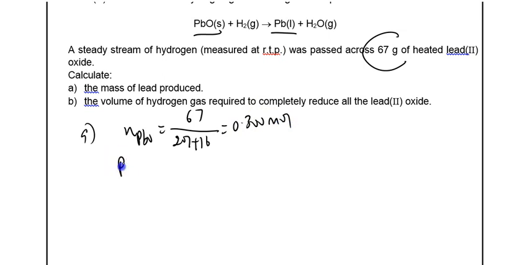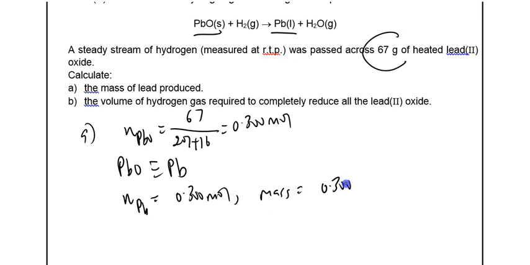So from the equation, I know that 1 mole of PbO will give me 1 mole of Pb. So number of moles of Pb will be 0.300 moles, which means that my mass will be 0.300 multiplied by 207, giving me 62.1 grams.